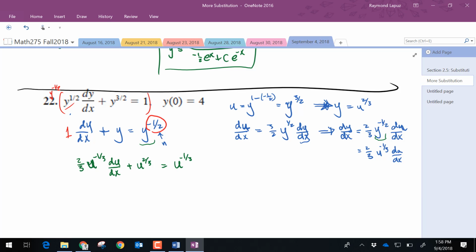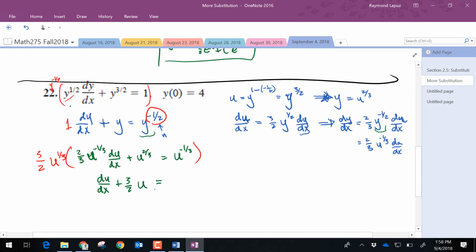But when you multiply the whole thing by u to the positive 1/3, so maybe even multiply 3/2 u to the 1/3 positive, distributed, this would just become a du dx, and that's the whole point. Plus 3/2 u, 1/3 plus 2/3 is 1, is equal to, this is just going to be 3/2 again.